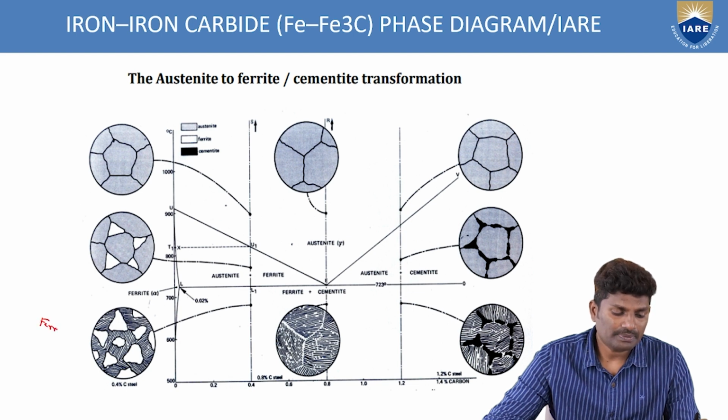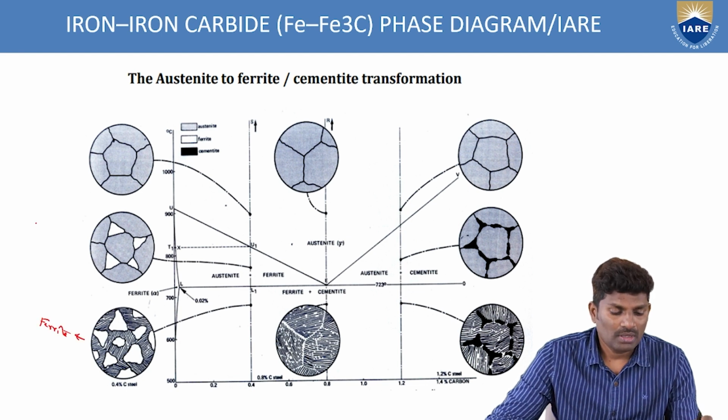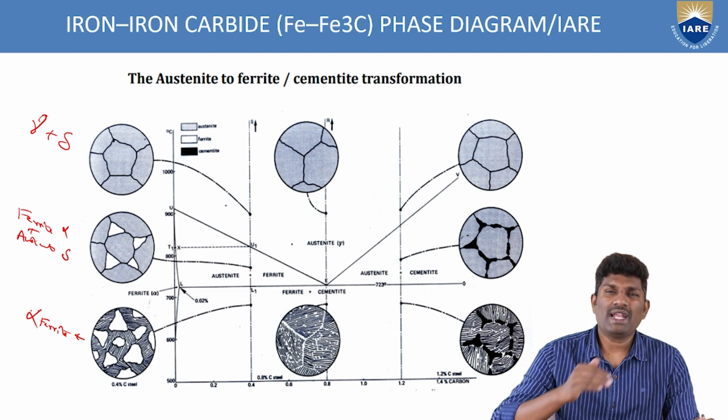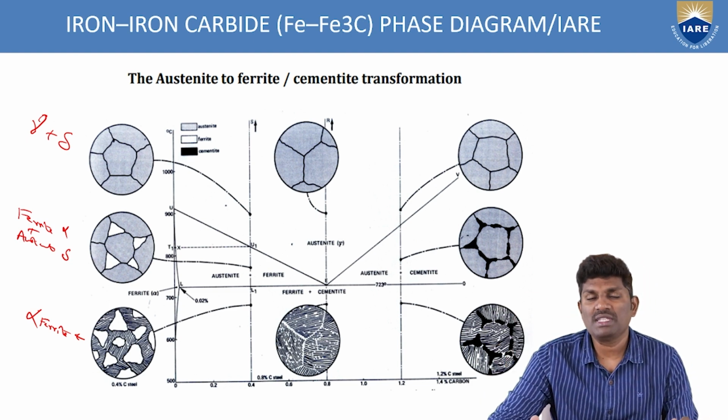This is ferrite, and here you have ferrite as well as austenite, and you have completely alpha plus delta plus gamma. So at each point of the phase diagram, you can see clearly how there is a transformation of the phases.